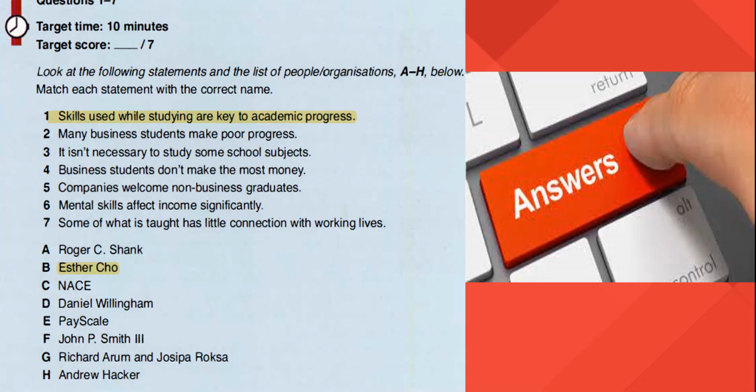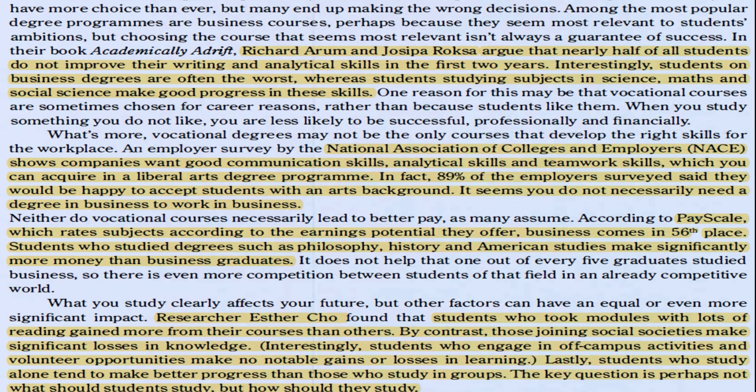Let's go once again to our question: skills used while studying are key to academic progress. Researcher Esther Cho found that students who took modules with lots of reading gained more from their courses than others. By contrast, those joining social societies made significant losses in knowledge.